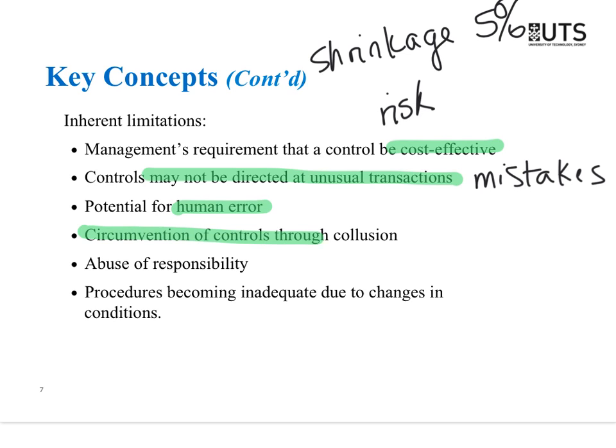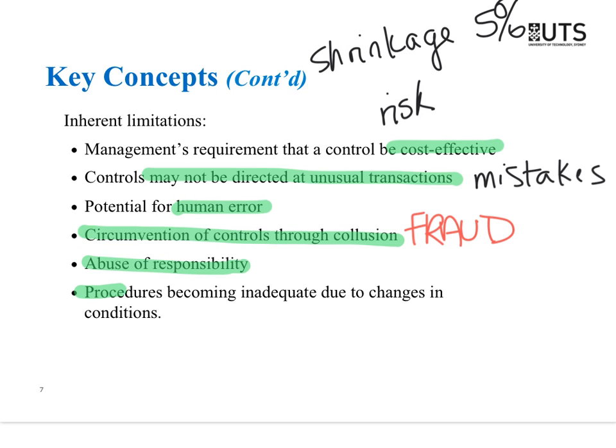There can be people working together to get around internal controls. So you may have lots of internal controls in place, but if you have 3 or 4 people working together to get around those controls, then certainly that's when we have lots of intentional fraud. All right. People may have certain powers that they may abuse, which is again another point of fraud.